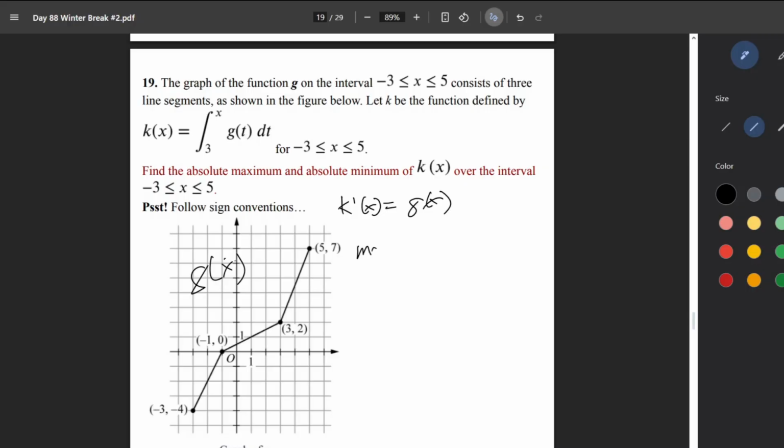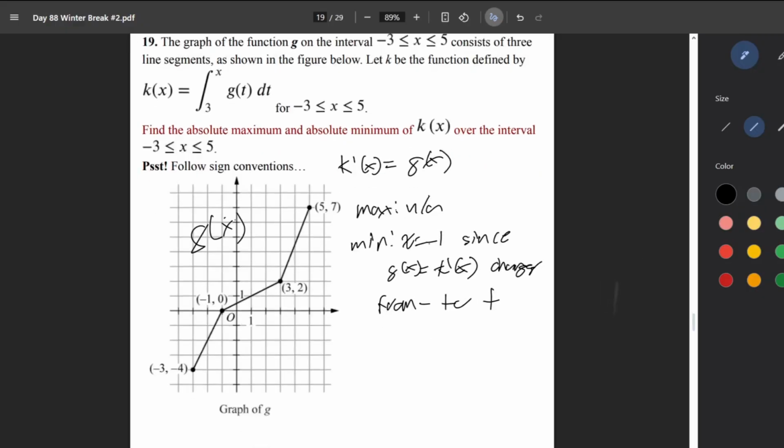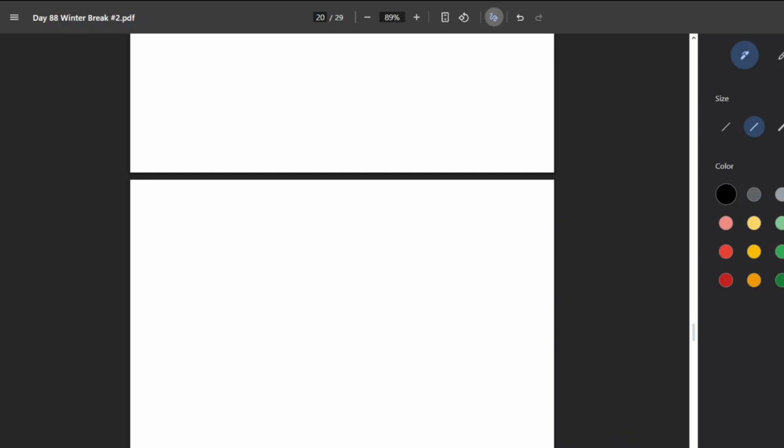So let's just put max. I'm not sure if you just don't write it or you put NA, but min x equals -1 since k dash of x, which equals g of x, changes from minus to plus.